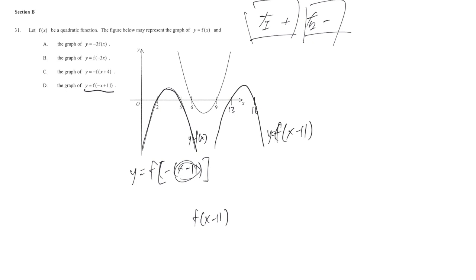After that, if you multiply a negative in front of the whole thing, this 13 will become negative 13. This 16 will become negative 16, and it will be something like this. Again, it's totally nonsense for this equation. This is y equal to f(negative x minus 11), that means f(negative (x plus 11)).